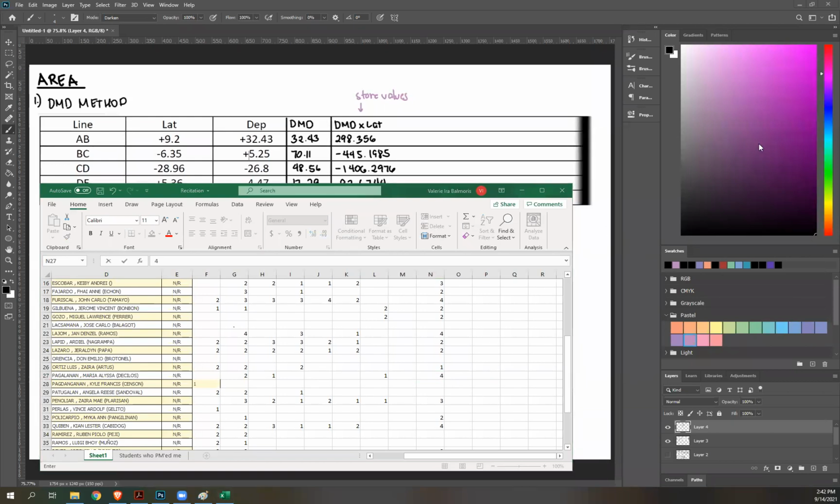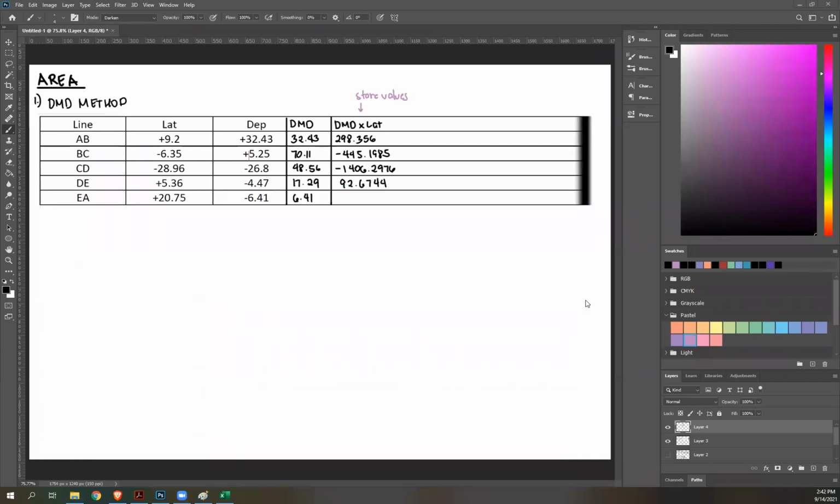Okay, positive 133.075. Okay, negative. It's this times this, not this. So positive.